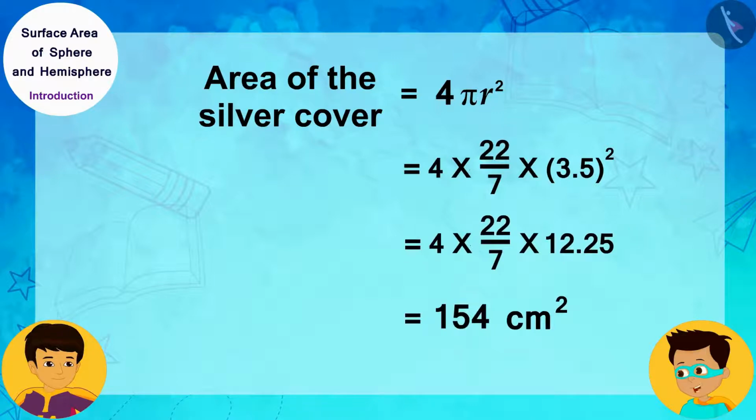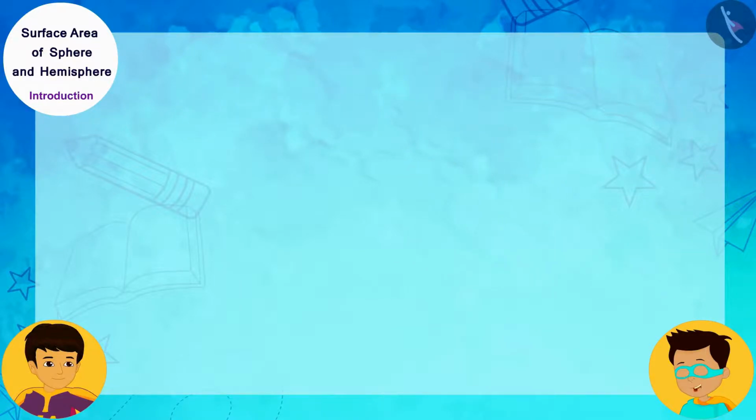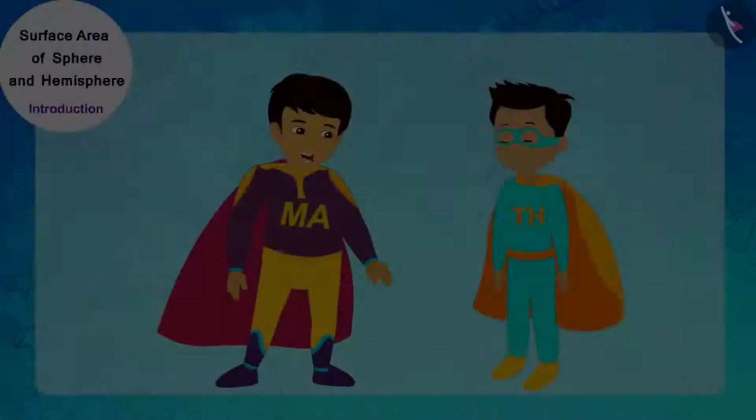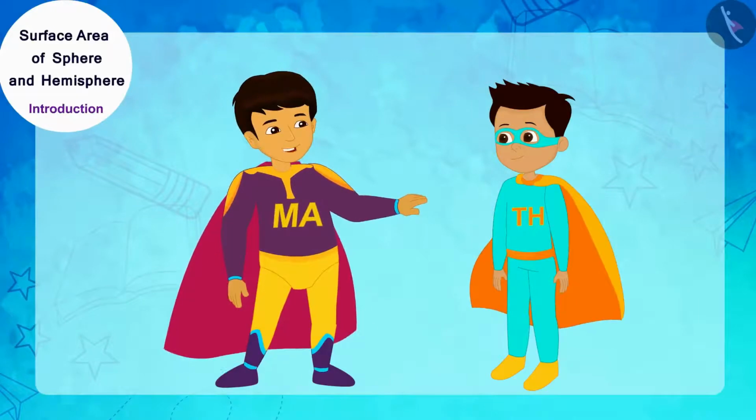Look, this spherical suite has been covered with 154 square centimeters of silver. Well done, Thomas. Now let's quickly return to our world and eat this sweet by dividing the sphere in half.